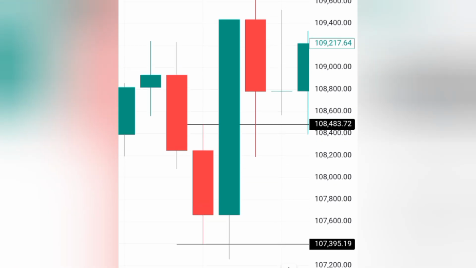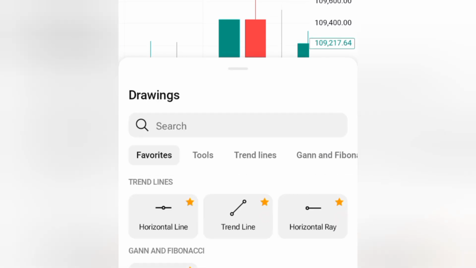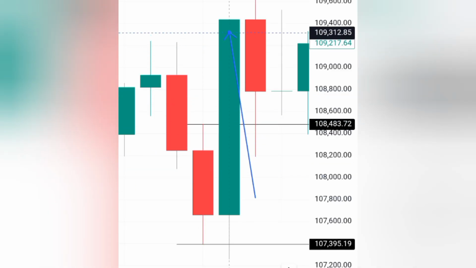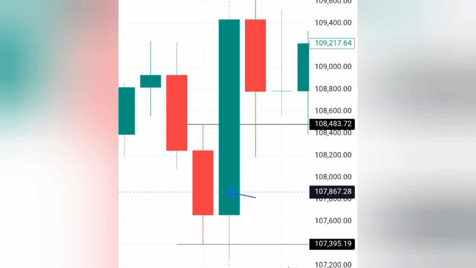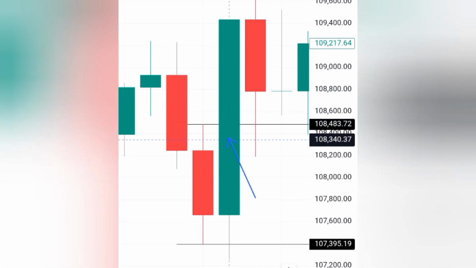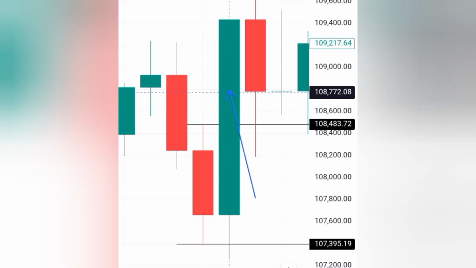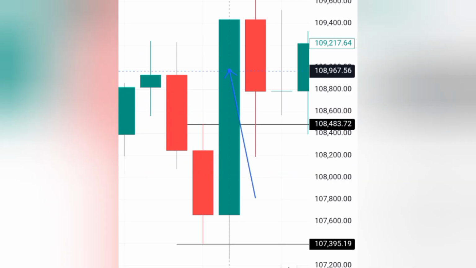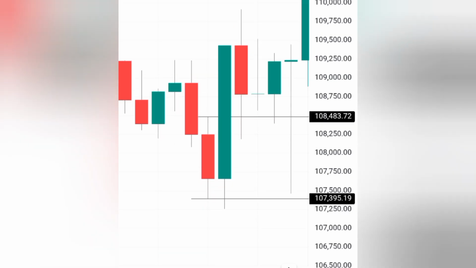Can you see how this bullish engulfing candlestick pattern has engulfed all this? This is a strong buying position, because it has engulfed all this bearish candle, making it good for the buyers, because now they are entering the market.